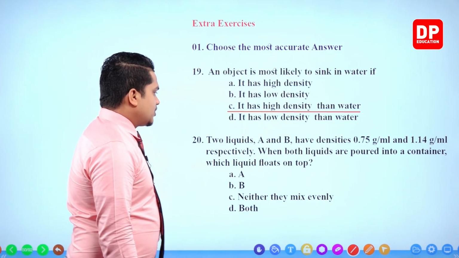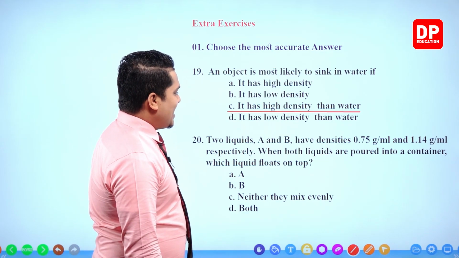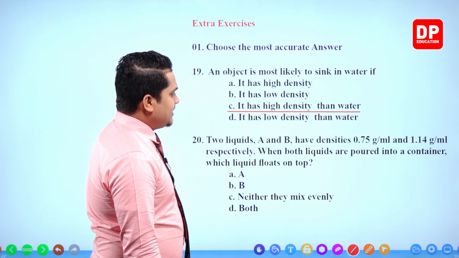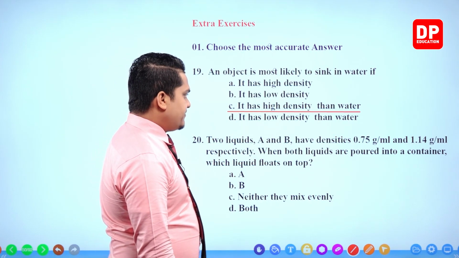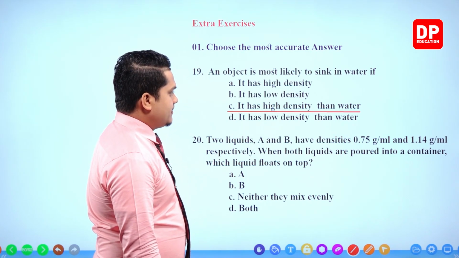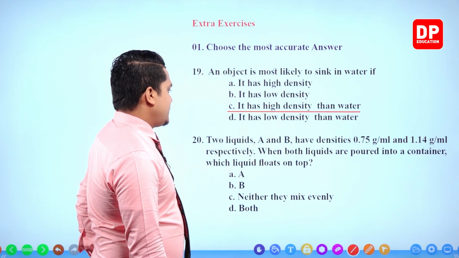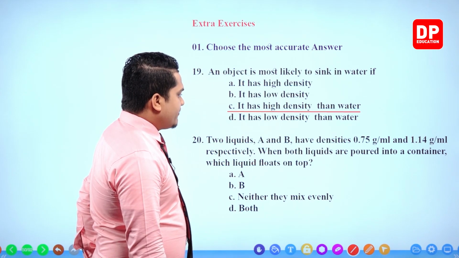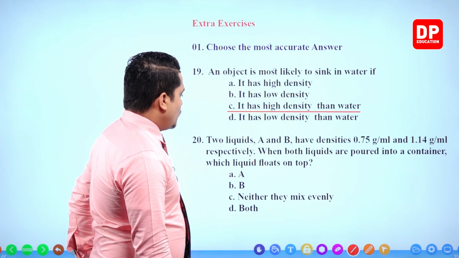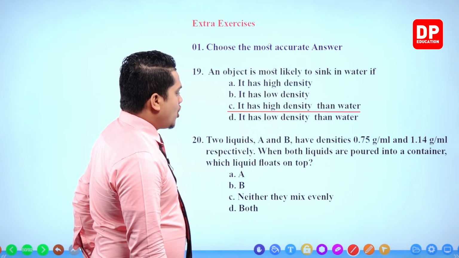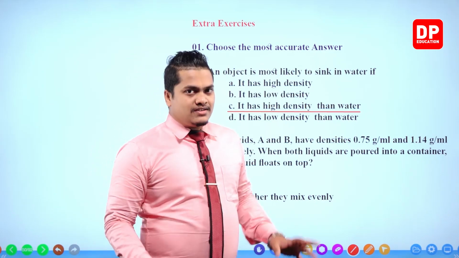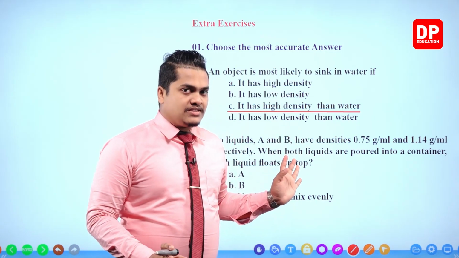Next one. Two liquids A and B have densities 0.75 grams per milliliter and 1.14 grams per milliliter respectively. When both liquids are poured into a container, which liquid floats on top? Once again, the same kind of question as the previous, right?